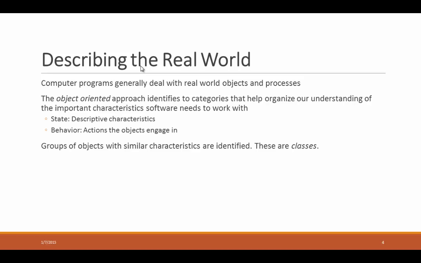But then we have behavior, things that objects can do. And this is one of the things that object-oriented programming added into the mix, is that objects are not just places where you plunk data down, they actually can do things. Another term for a kind of an object is an actor. So objects can do things.